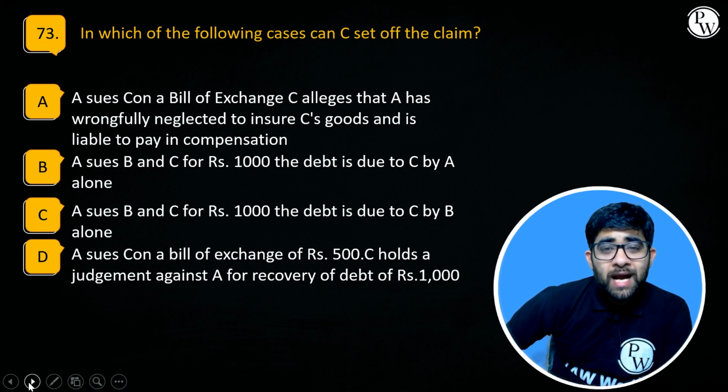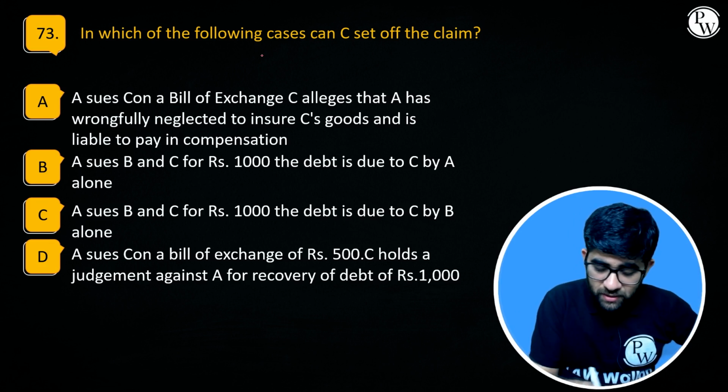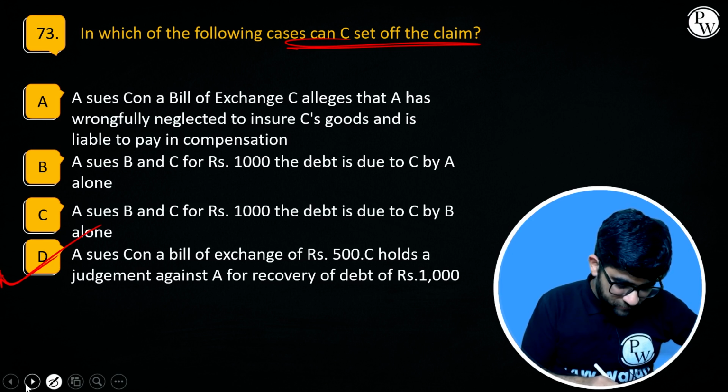A sues B and C for rupees 1000. The debt is due to C by A alone. A sues B and C for rupees 1000. The debt is due to C by B alone. A sues C on a bill of exchange of rupees 500. C holds the judgment against A for recovery of debt 100. So set off 500 rupees. Set off answer is D.